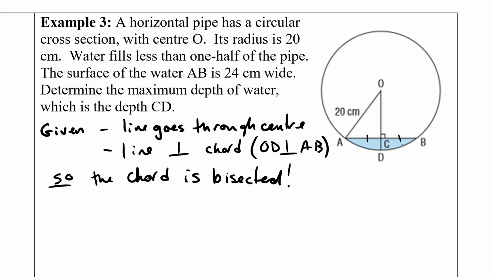Cool. So it kind of looks like we're not given a whole ton of information here, but we have a really important piece right here. AB is 24 centimeters. So if AB is bisected, that means from A to C is going to be half of that, so that's going to be 12 centimeters. Cool.